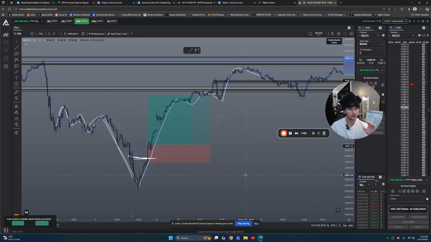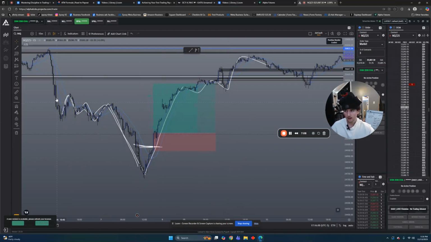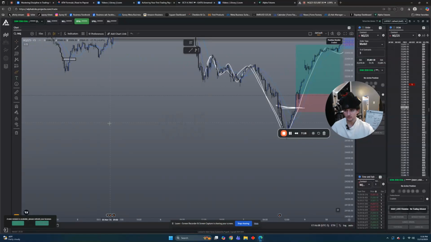So all you've got to remember in trends is uptrends, bullish trends, we're making higher highs and higher lows, okay? Higher highs, higher lows, higher highs, higher lows. And in a bearish trend, we're making lower highs and lower lows, okay?